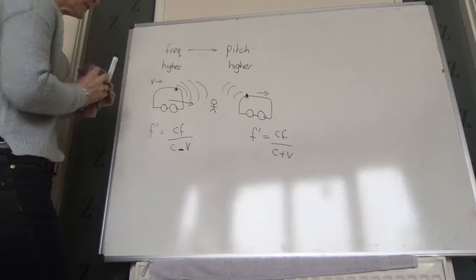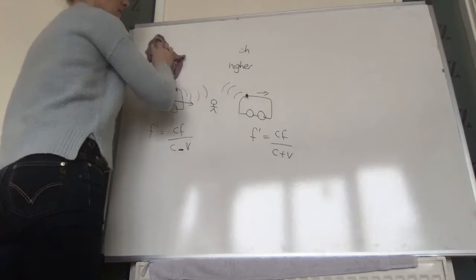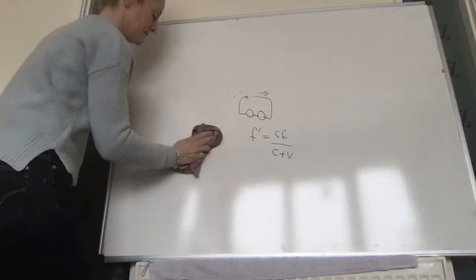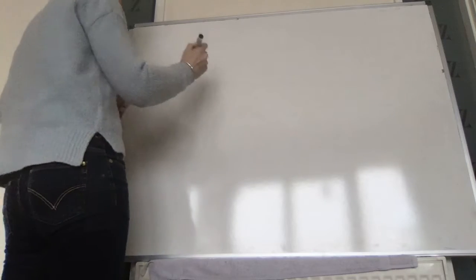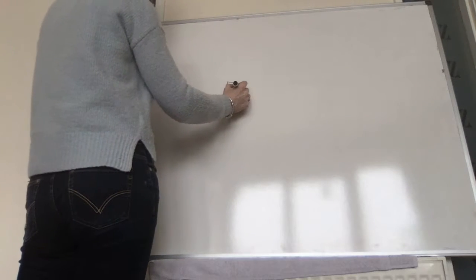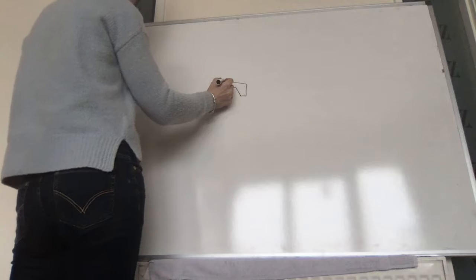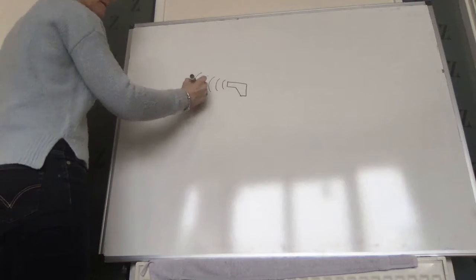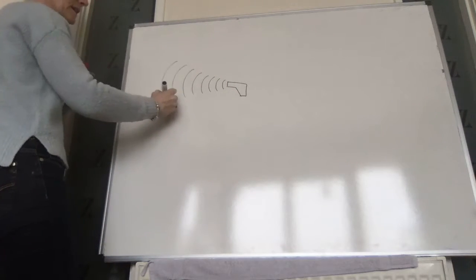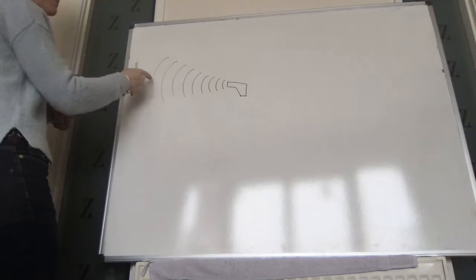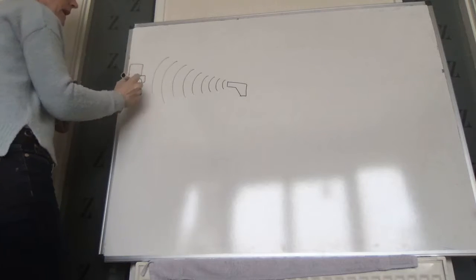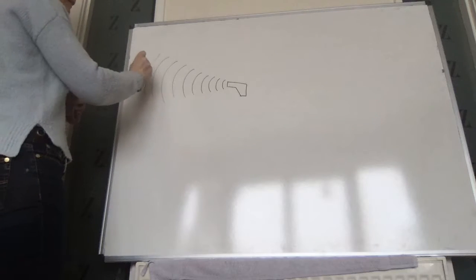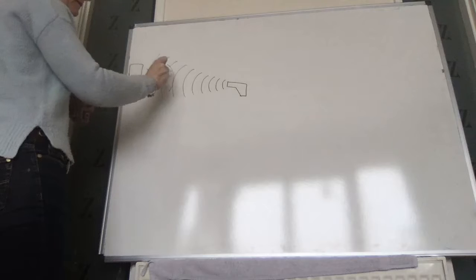Right. Another example is in speed traps. Basically, a speed gun will emit a microwave, an electromagnetic wave, towards a moving car. And that microwave will get reflected back off the car.